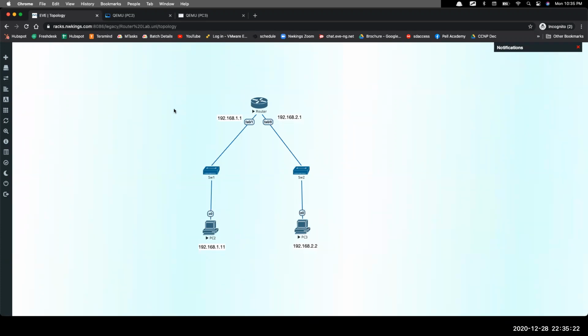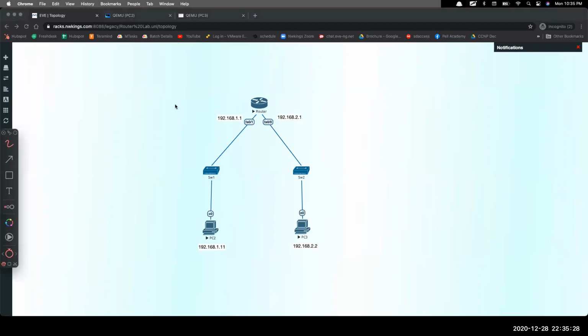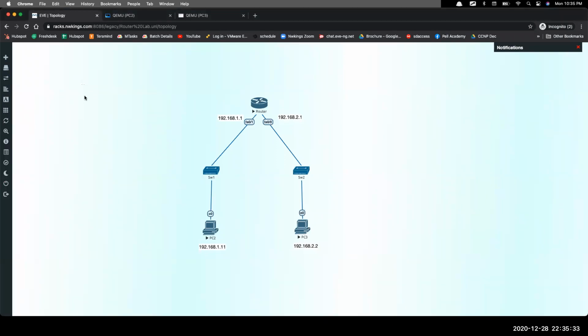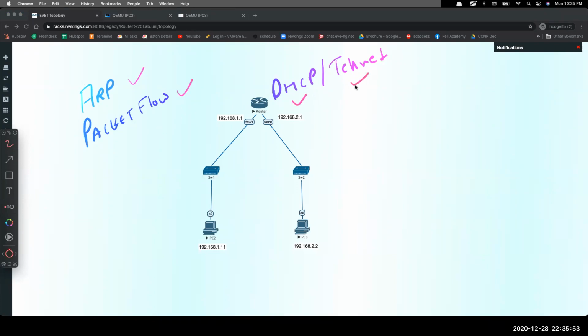I'm going to explain the packet flow, and we will configure DHCP on this device, and we will also configure telnet. So tomorrow's topics will be ARP, packet flow, DHCP, and telnet.